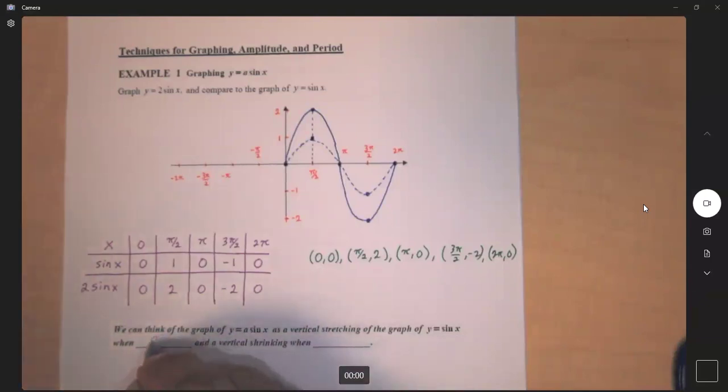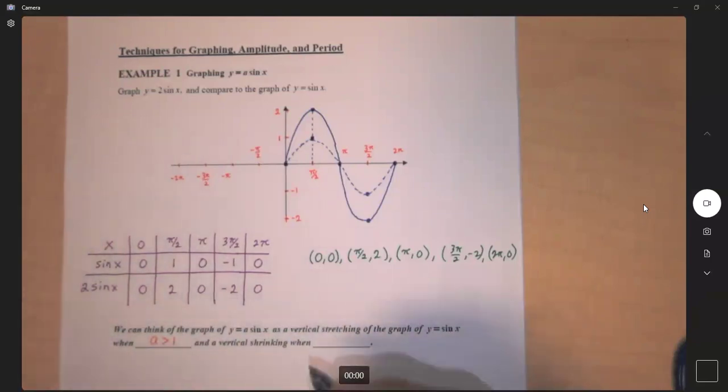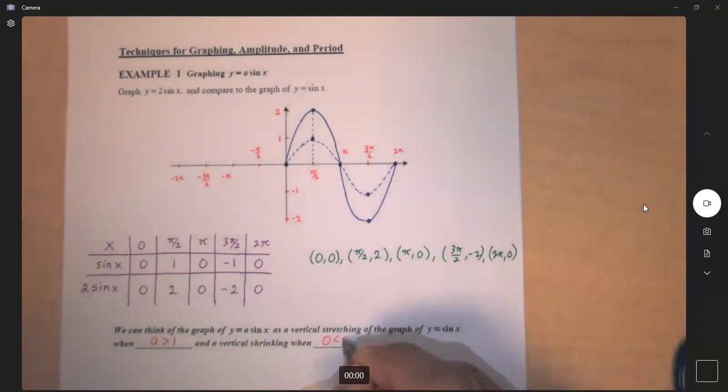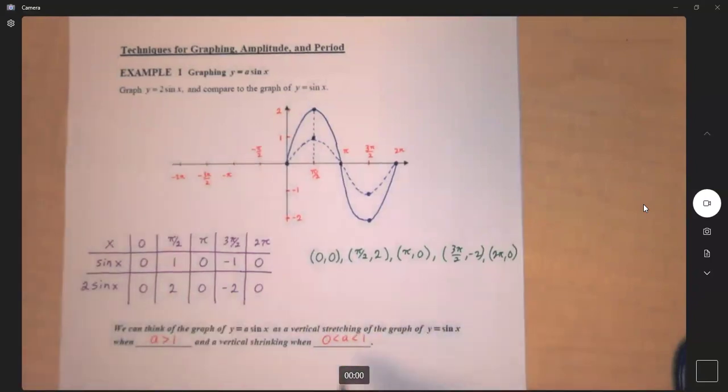When a is greater than 1, and a vertical shrinking when it's between 0 and 1. And again, we don't have time to do the between 0 and 1, but you can test that on your own using some technology or taking some time to do it. You would come up with the points just that way, right?